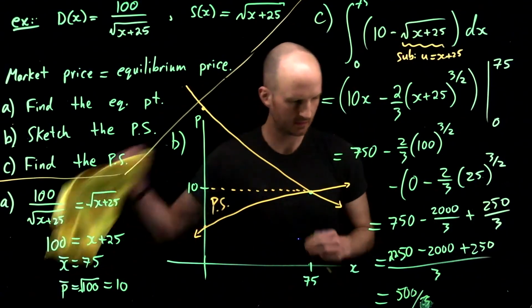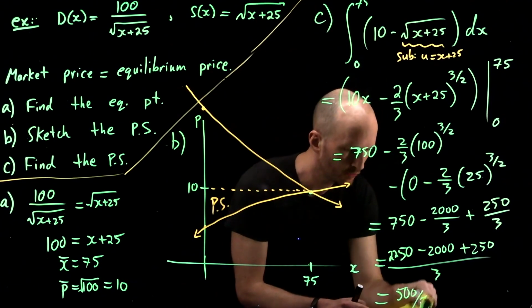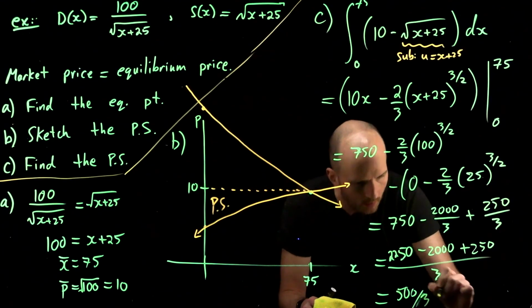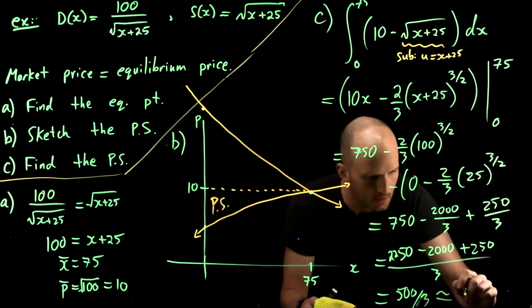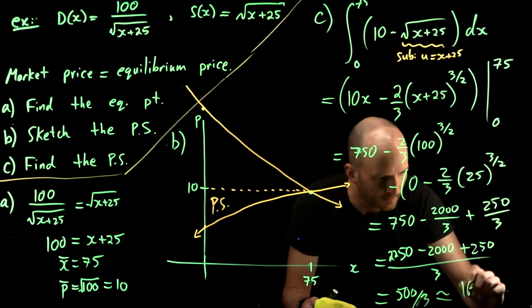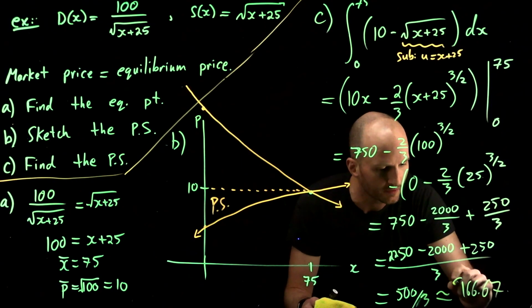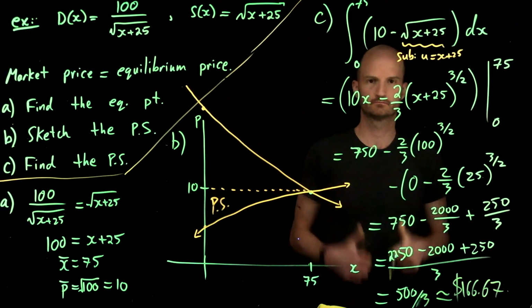Ooh, that's not good. 500/3, which is what I want. I'm pleased as punch. 166.67 approximately. Good.